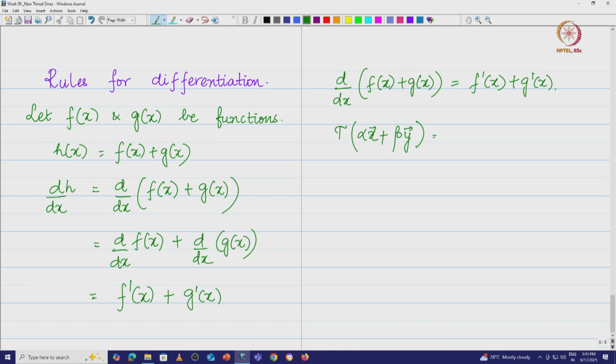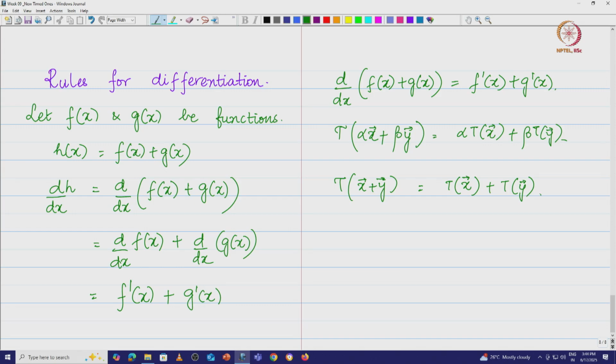We said that this is nothing but alpha times the transformation of the x vector plus beta times the transformation of the y vector. Suppose alpha and beta were equal to 1, then I am looking at the effect of the linear transformation on the sum of two vectors. This is nothing but the sum of the linear transformations: the transformation on x, whatever vector you get, plus the transformation on y.